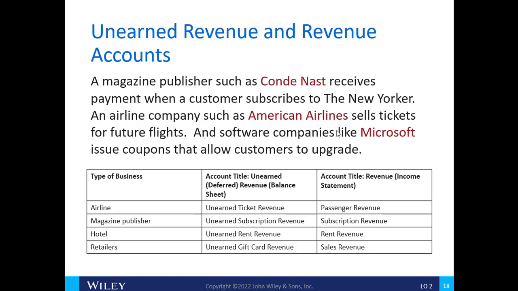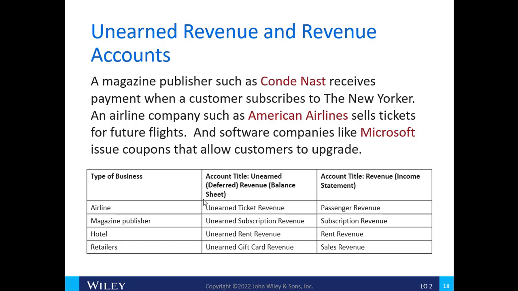A couple more slides on current liabilities, and one of them is unearned revenue. Unearned revenue is where we've collected money before we've provided the product or provided the service. So, for example, I'm supposed to fly out for a conference, and I bought the airline ticket. The airline hasn't done anything; they haven't flown me yet.